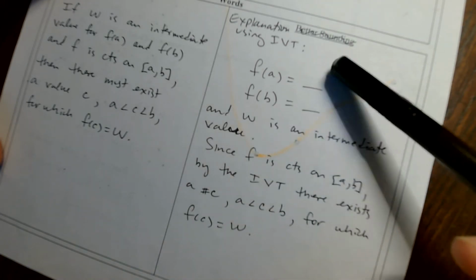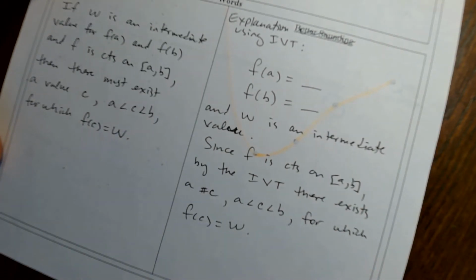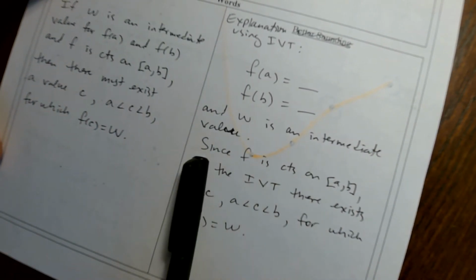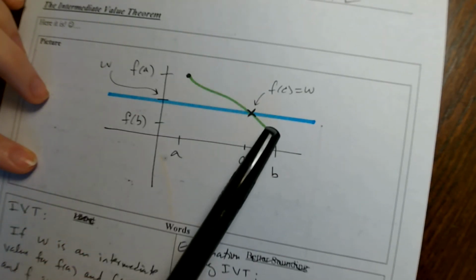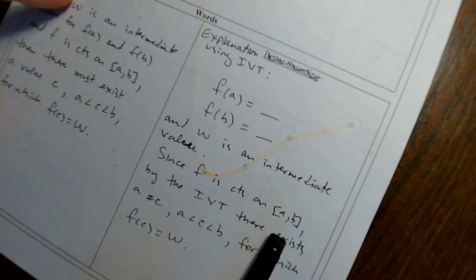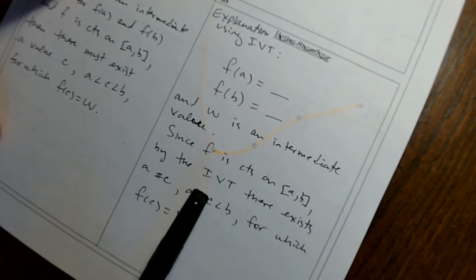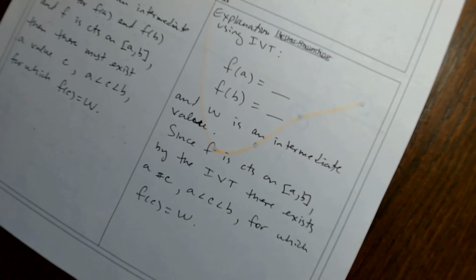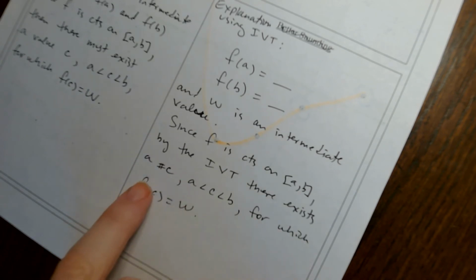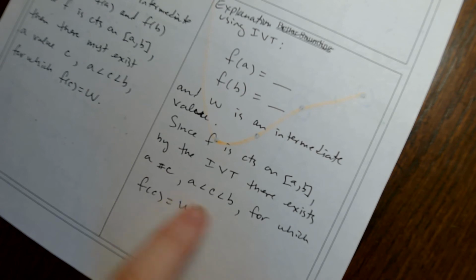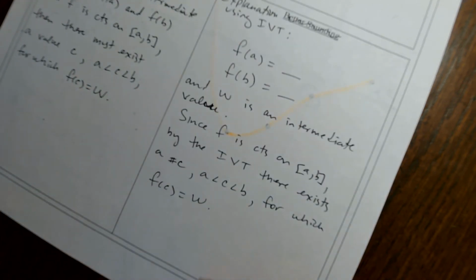So W is an intermediate value for these, meaning it's in between them. And then you've got to bring in continuity, because if f isn't continuous, if there's any breaks or gaps here, then we can't guarantee that this works. So since f is continuous on the closed interval, by the IVT, and the AP readers, the ones who are reading your test at the end of the year, they're going to know you mean intermediate value theorem, so you can abbreviate that. So by the IVT, there exists a number C between A and B for which f of C equals W.